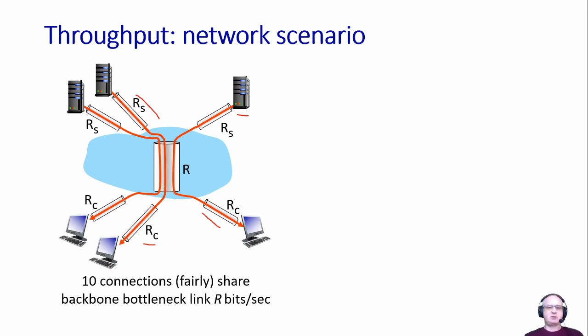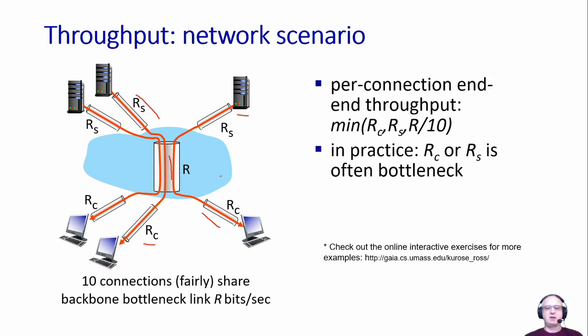So there may be one link that is shared by all the connections that are shown here on this visualization. So then the question is, what's the bottleneck link? And also the other question is, what portion of the available capacity of this shared link does each of these packet streams get? And the answer to that is that roughly this link is shared fairly between the different connections, and here specifically TCP or TCP-like connections.